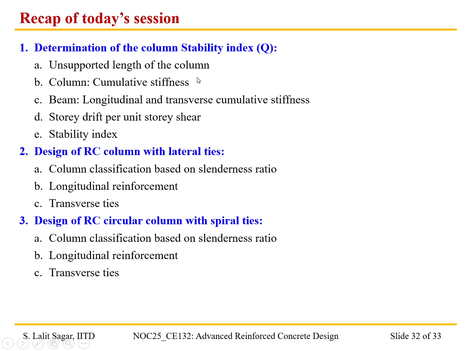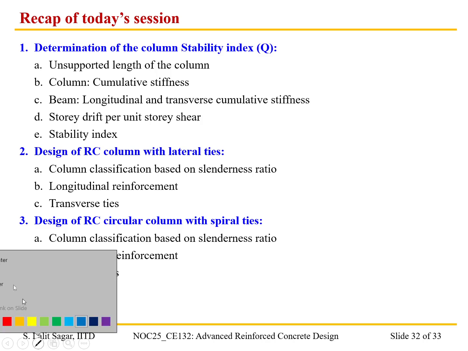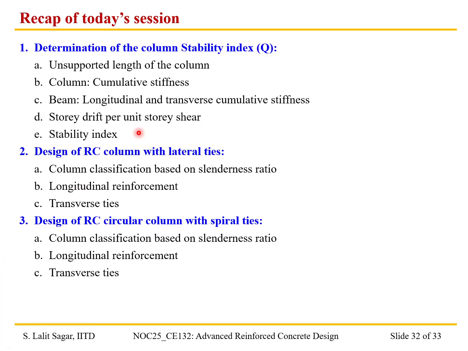So this is a brief recap of today's session. We considered one frame plan, and we determined the unsupported length of the column. Then we determined the column cumulative stiffness, followed by the cumulative stiffness of the beam along both the longitudinal and the transverse directions. And then we determined the flexibility, or delta U by HU, the story drift per unit story shear, and from that we determined the stability index and classified the frame as a sway versus non-sway frame.